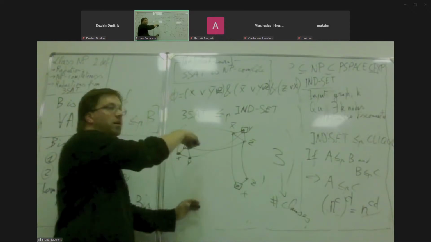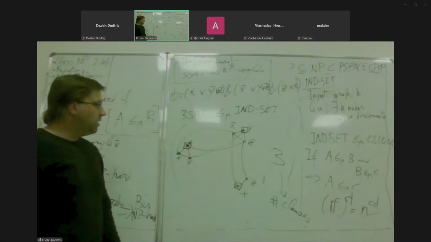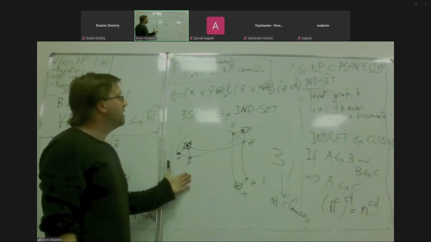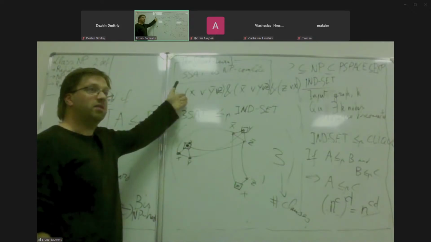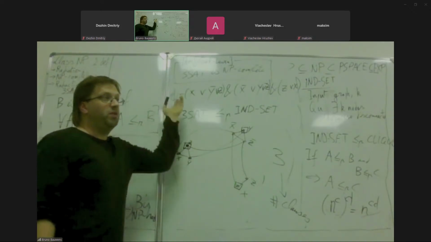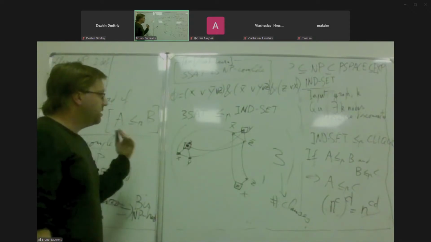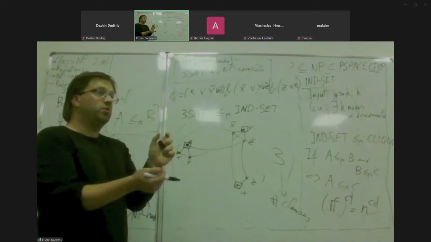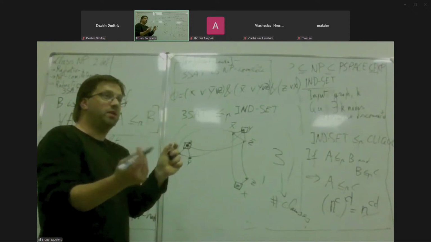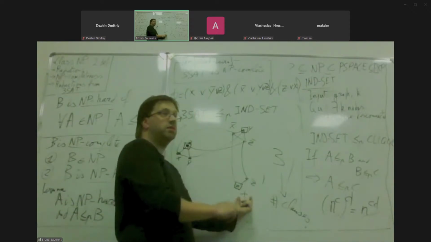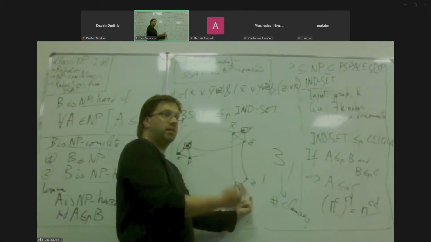So here we have the reduction. Now the opposite: if there is an independent set, we have a satisfying assignment. For a variable, should we choose 0 or 1 for the assignment? We just check whether this variable is selected or its negation is selected, and then we choose a value.